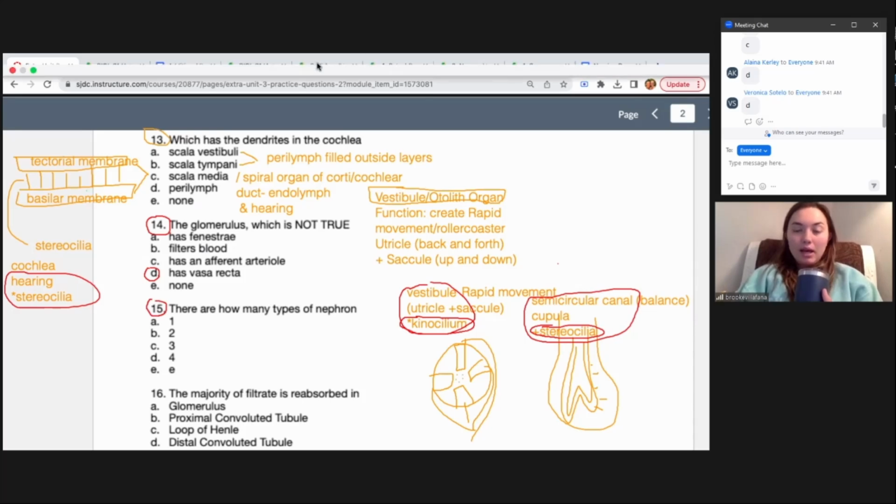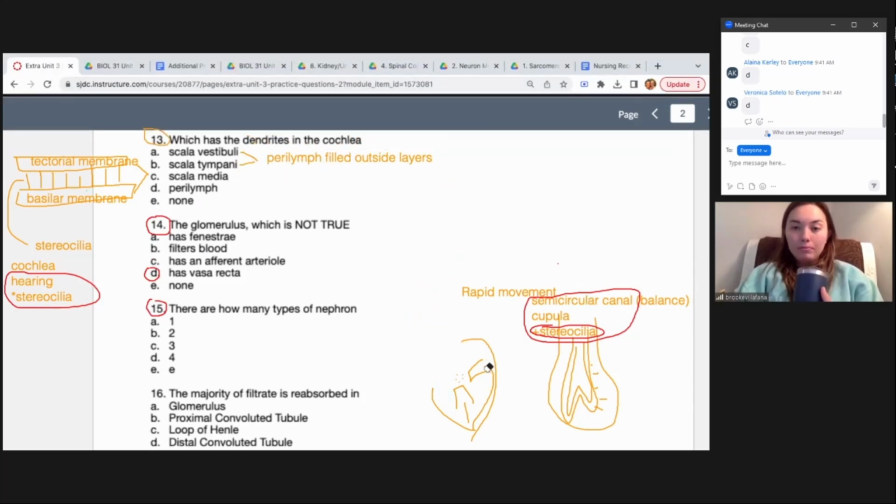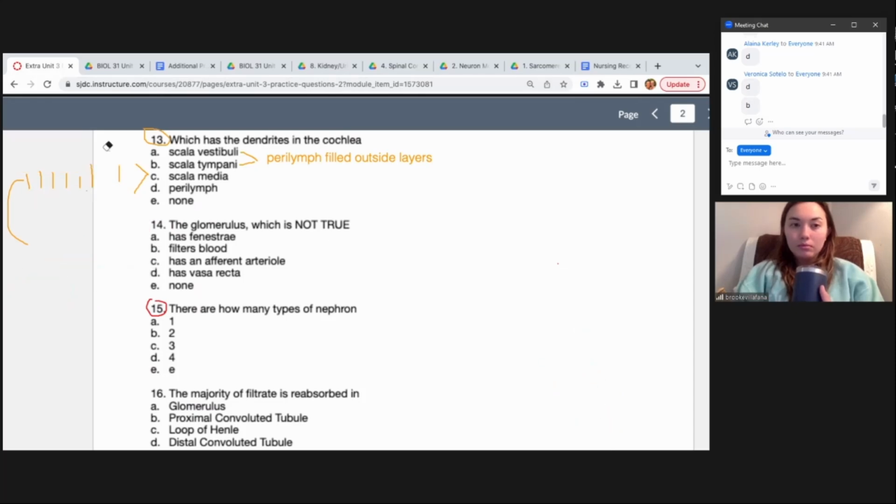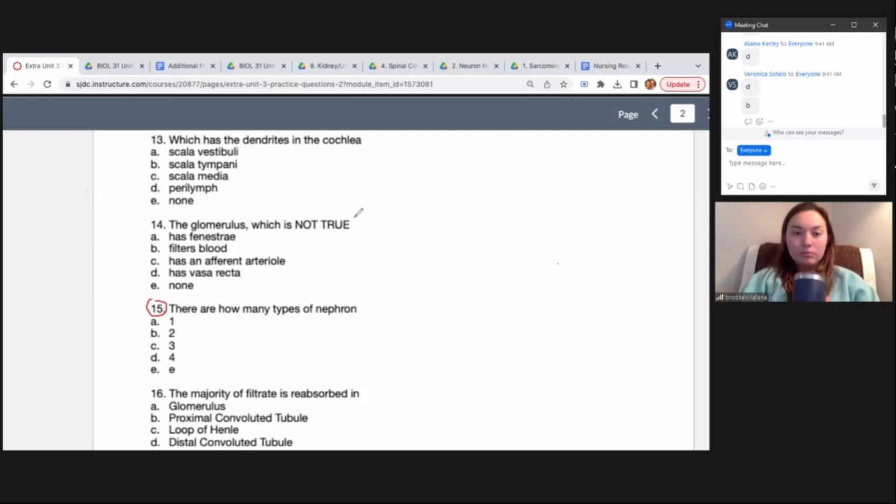There are how many types of nephron? Two, right?